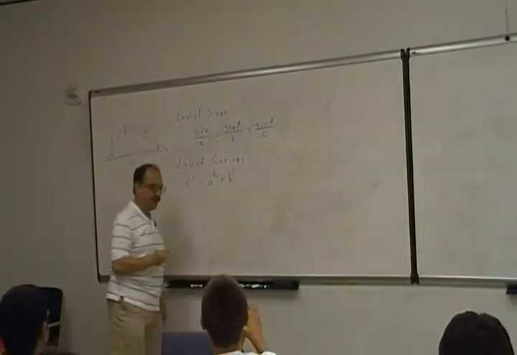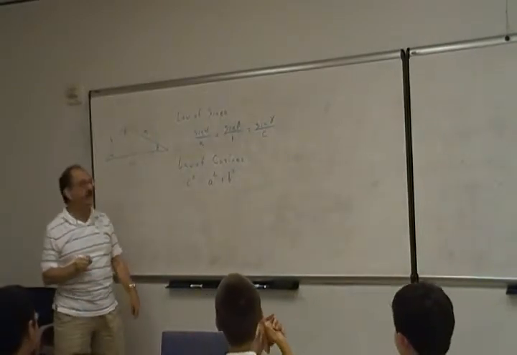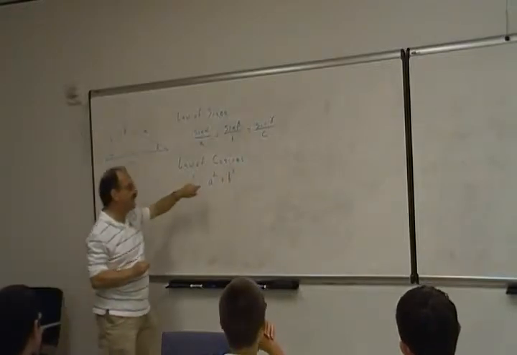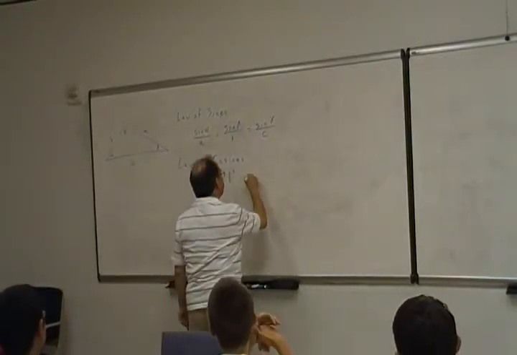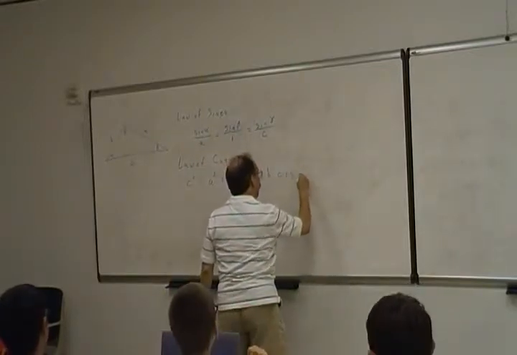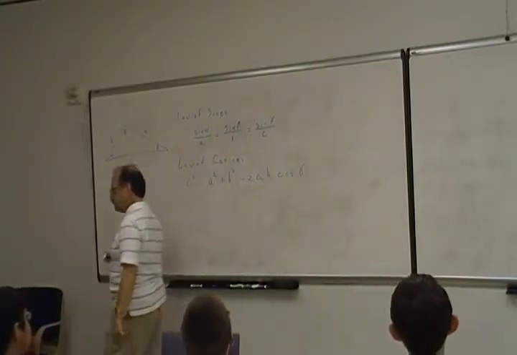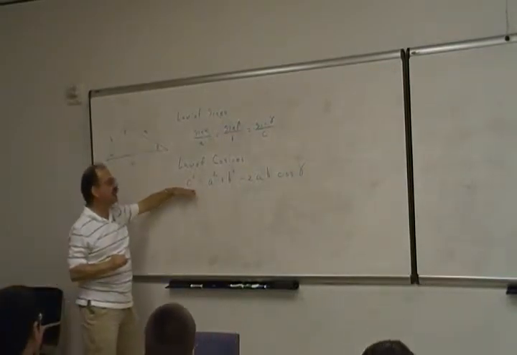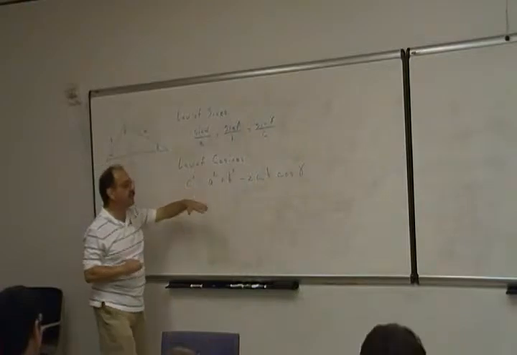That looks like the Pythagorean theorem, right? But it's not a right angle here. So we have to fix it. And the amount you fix it by is minus 2 A times B times the cosine of gamma. And this generalizes the Pythagorean theorem.